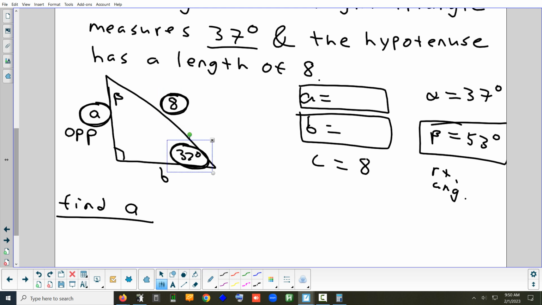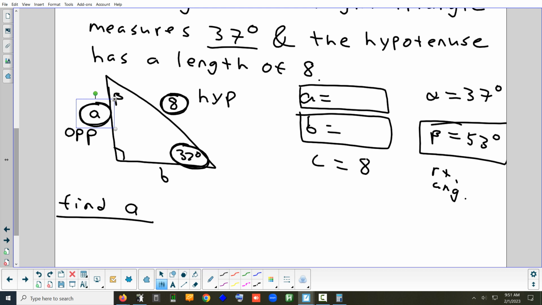That's your hypotenuse. So to solve for A, I need a trig function that has opposite and hypotenuse in the formula. Opposite is what I don't know, hypotenuse is what I do know. So which trig function has opposite and hypotenuse?